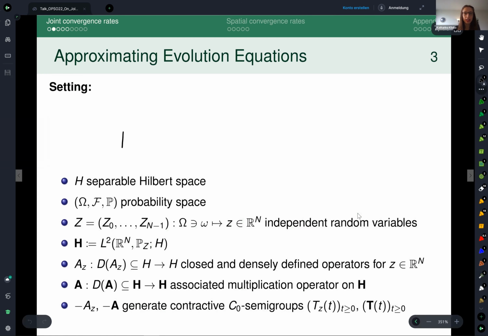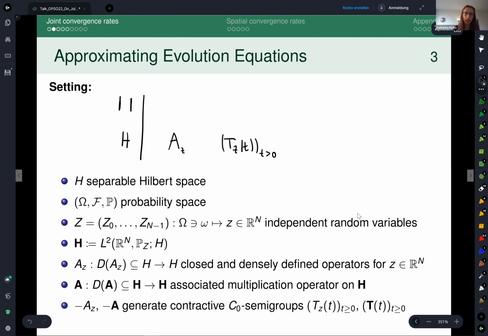For the spatial coordinates, we are working in some Hilbert space H, which we assume to be separable. And then for each z in R^n, we assume that we have a closed operator A_z, such that outside of a null set, minus A_z generates a contractive semigroup T_z of t.